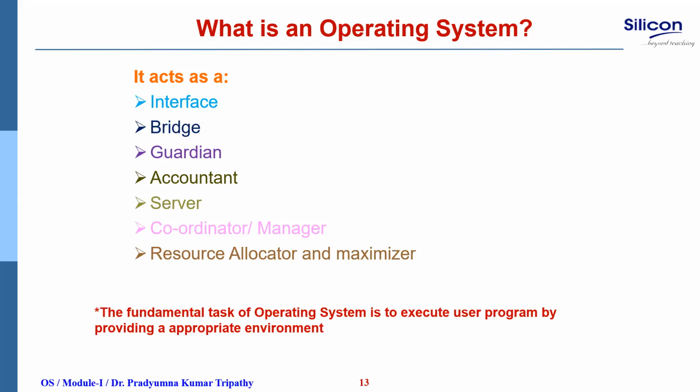I want to execute a program, and the operating system takes it. Now it is the task of the operating system. We have given it to the operating system, my work is over. The operating system will take it, and it is now responsible for how it will be executed. So it will provide an appropriate environment for the same.